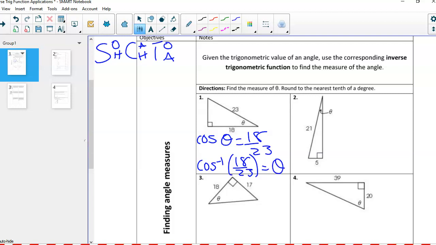In your calculator, you need to be in degrees. So make sure your calculator mode is in degrees. And here we're going to round to the nearest tenth for our angles, to get 38.5. And that's really all you're doing for this first section, taking the inverse of whatever it is to find the angle.